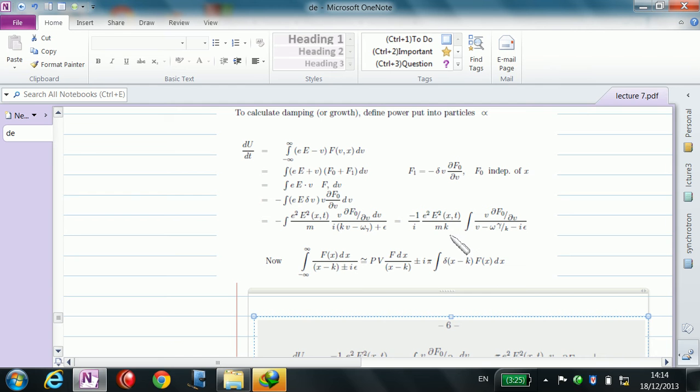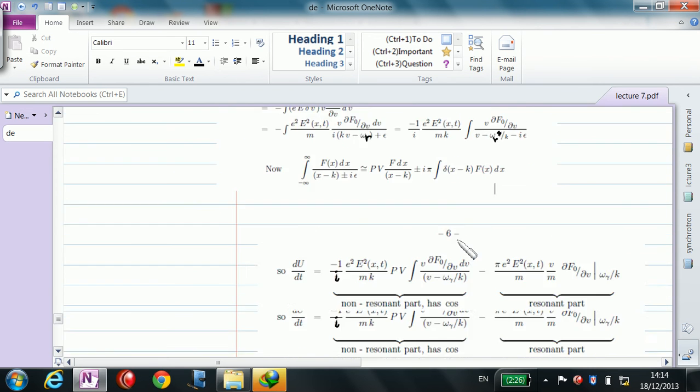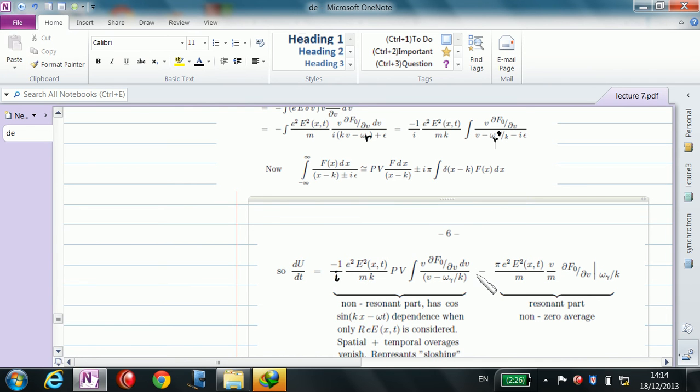It should be omega, gamma small. I don't know. This should be omega real, okay? And this should be omega sub real, not gamma. And this mk looks alright. Maybe this is also v over k instead of v over m.